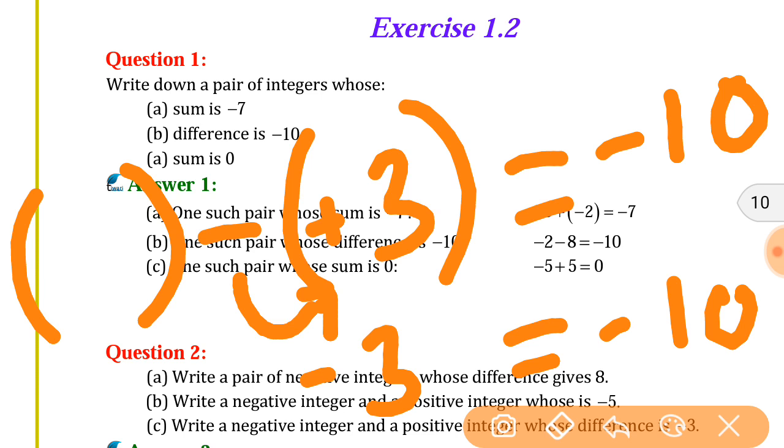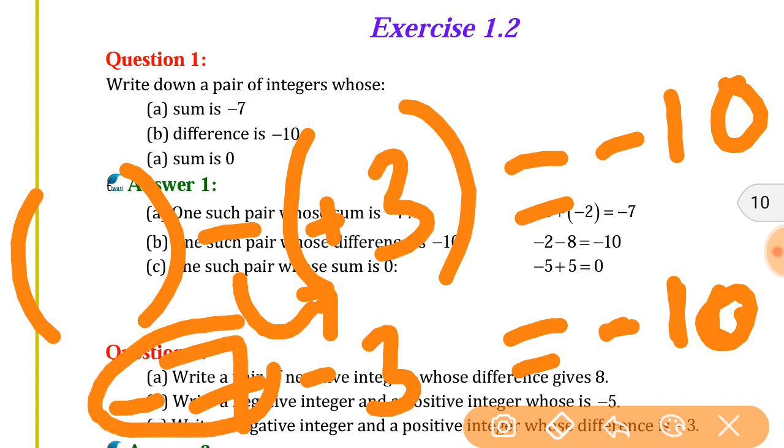Whenever you are getting the answers, you must think of the possibilities: which integers can I take to get the difference as minus 10? If minus 3 is the second integer, to get minus 10, what integer should I give? Is it not minus 7? Or else we can take a plus 13 also.